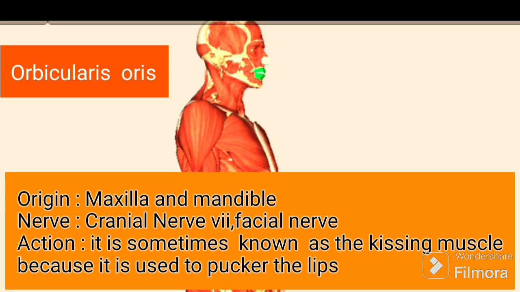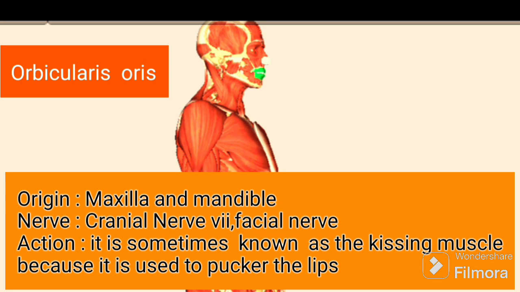Orbicularis oris. The fibers of the orbicularis oris enclose the opening to the oral cavity. Attachments: it arises from the maxilla and from the other muscles of the cheek. It inserts into the skin and mucous membranes of the lips. Its action: it purses the lips. Innervation: facial nerve.